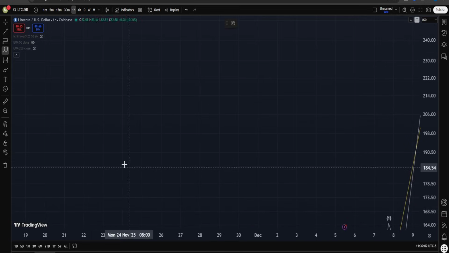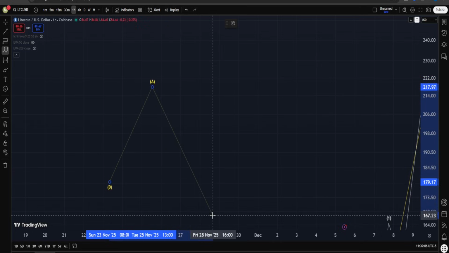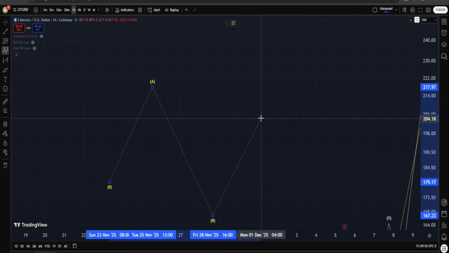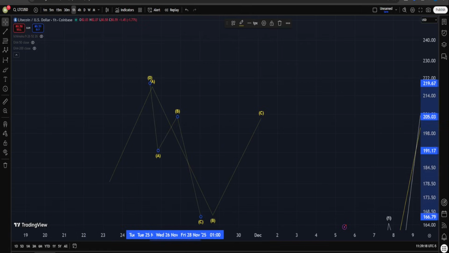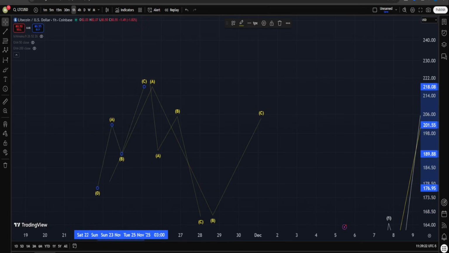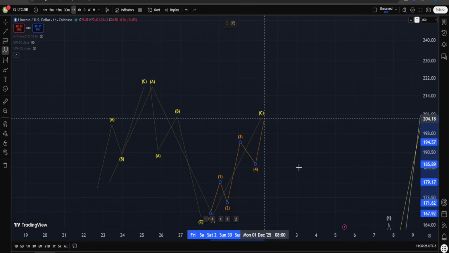Okay, this is our initial move up into A, a correction for wave B, in which we are going to take this initial low, and then a good move up into C, but in it we are not going to take the height of our wave A. And for the sub waves, ABC into A, ABC into B, followed by a 1, 2, 3, 4, 5 wave up into C.